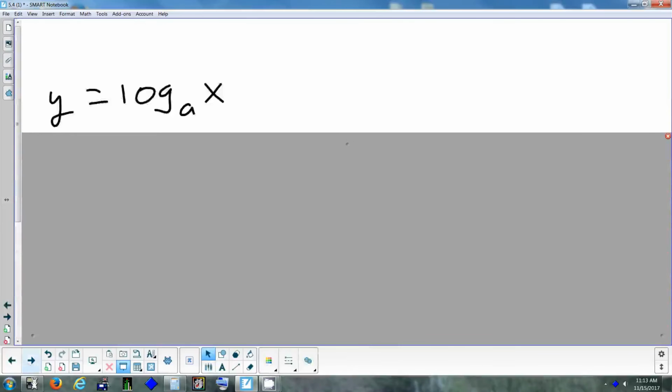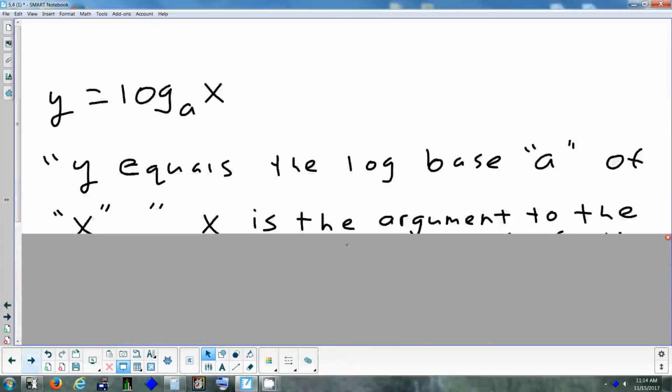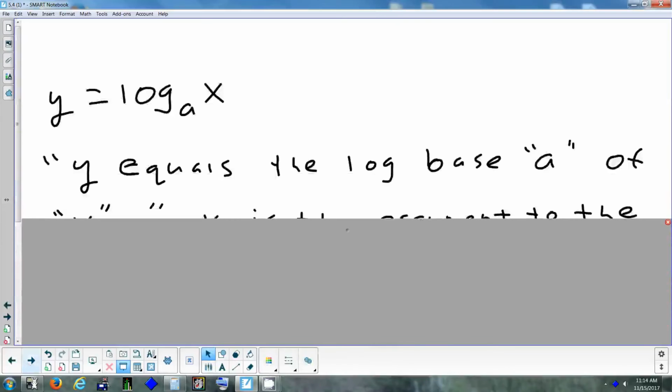Alright, so next thing is, when you have something with the word log, how do you read it? How do you pronounce that? The way you pronounce it is y equals log base a of x. That's how you say it.